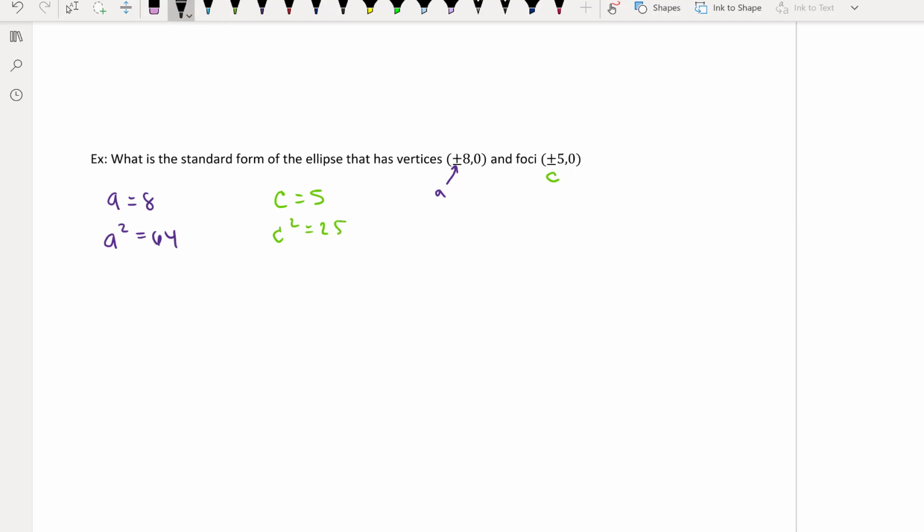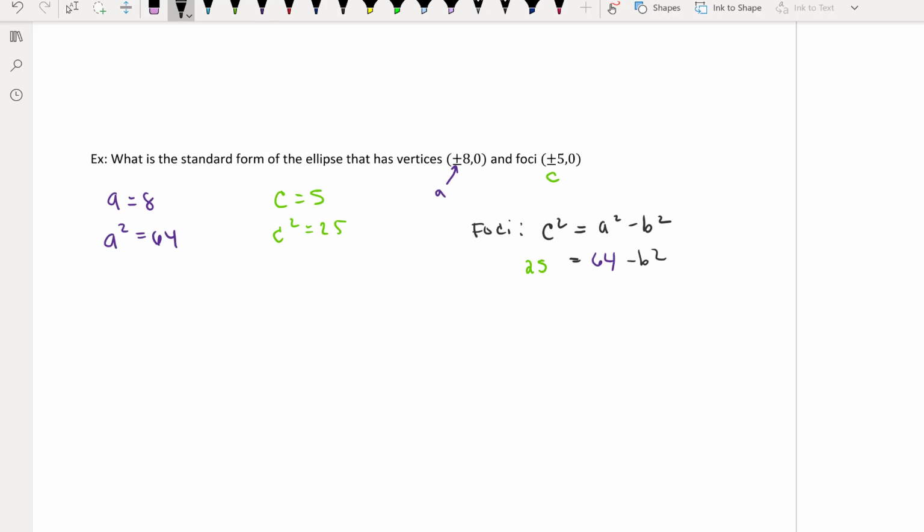And remember, the general equation of the foci is that c squared is equal to a squared minus b squared. So it's very easy to figure out what the b squared value is going to be. So I have my 25 is equal to my a squared value, which is 64, minus my b squared.